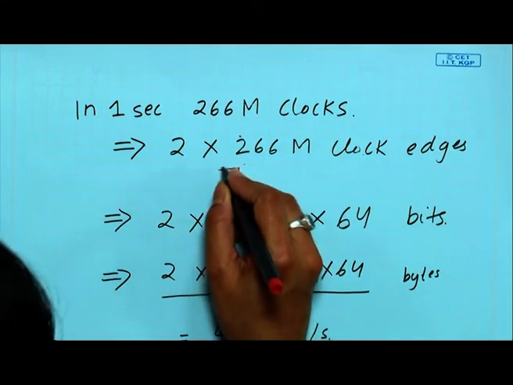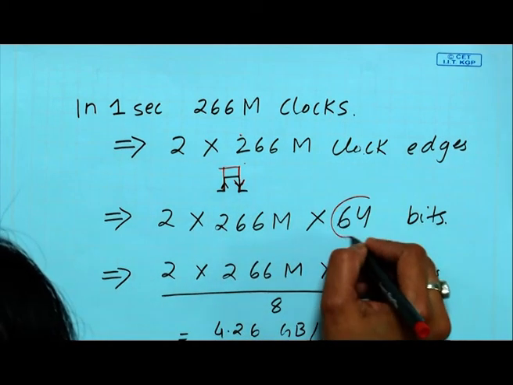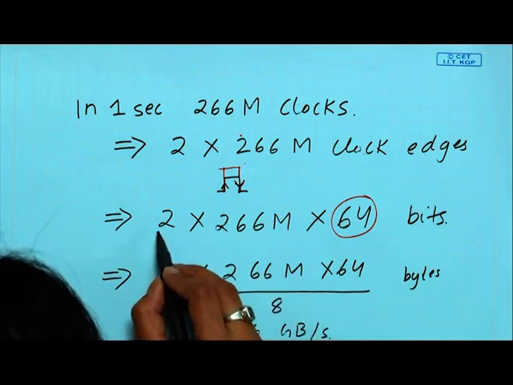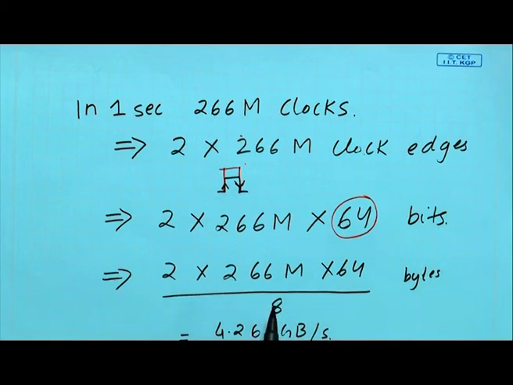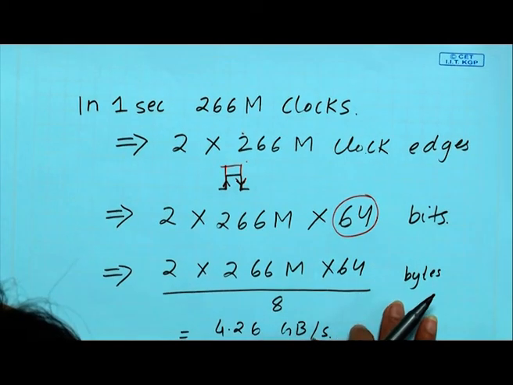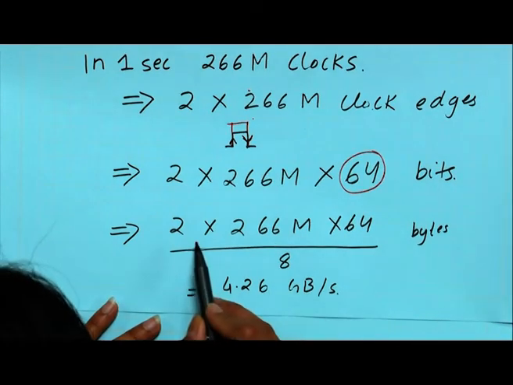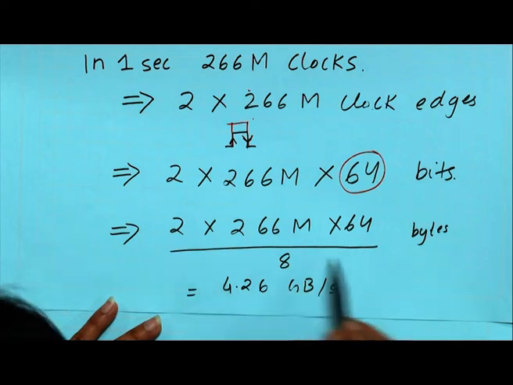In each rising edge and in each falling edge, 64 bits of data will be transferred. So, a total of 2 into 266 into 64 bits will be transferred. If you want to convert this into bytes, it will be 2 into 266 into 64 divided by 8 bytes.